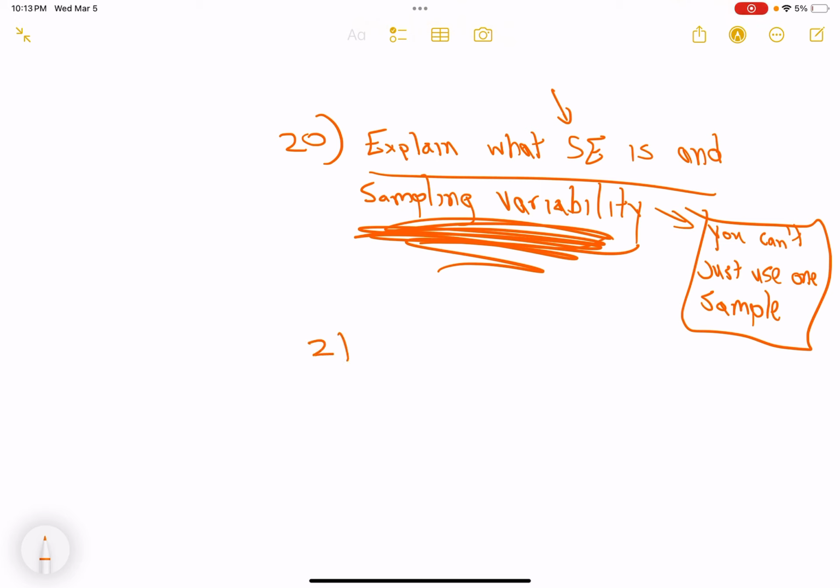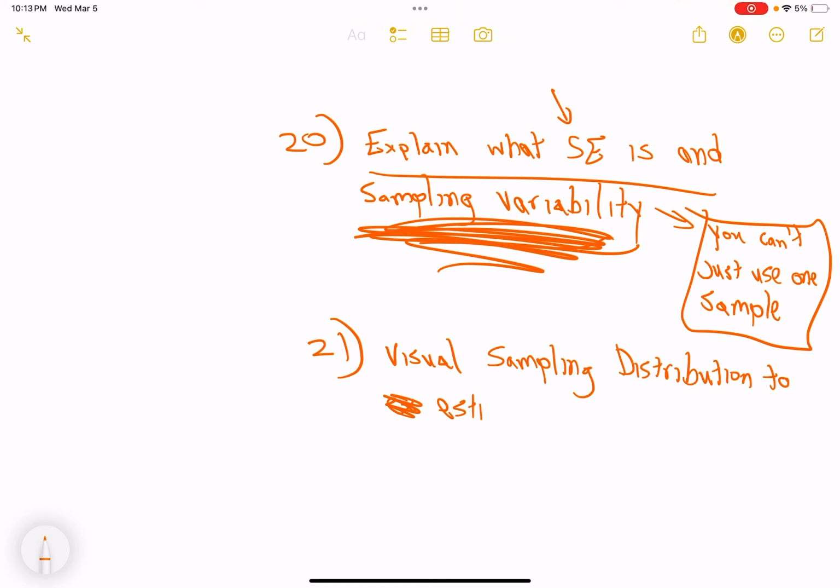And 21, our final tip, we'll end on an odd number here. Be able to use a visual sampling distribution like we did on the last test on Unit 7, the second to last question. Use a visual sampling distribution to estimate a p-value, right? That sort of thing where you were looking at the graph and you were like, the p-value is probably around blah, right?